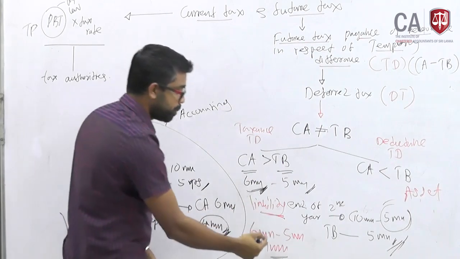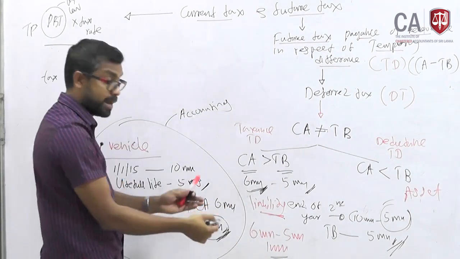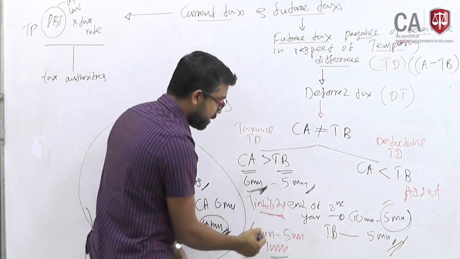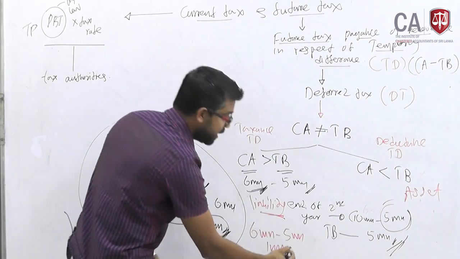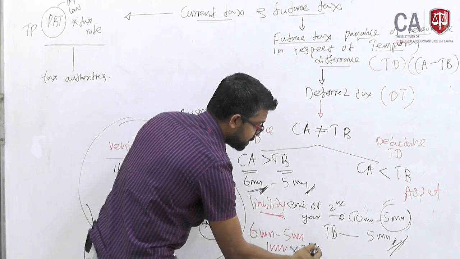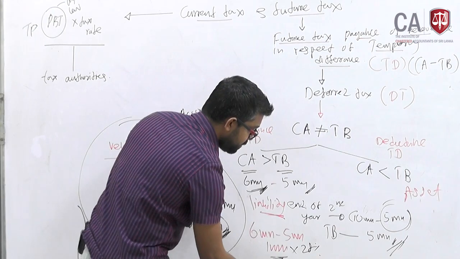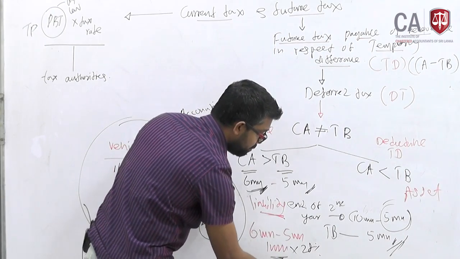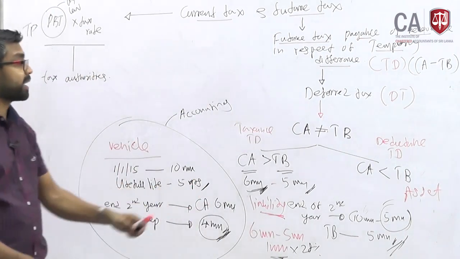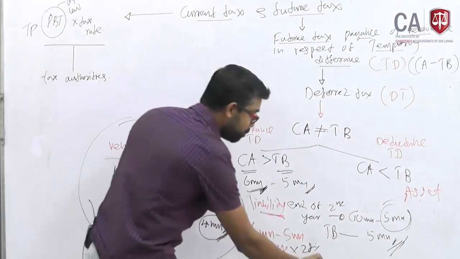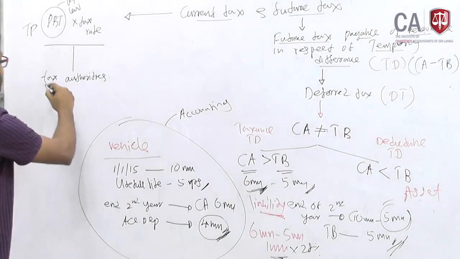On economic benefits you have to pay tax. Right? The extra tax we are finding is 6 minus 5 million, 1 million, into tax rate. Let's say 28%. So 0.28 million is the deferred tax impact. This will not be paid to whom? Income tax department. Only current tax will be paid.